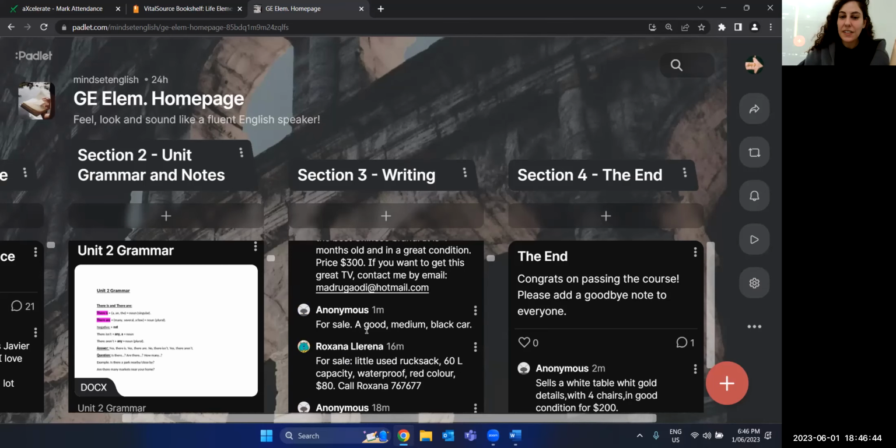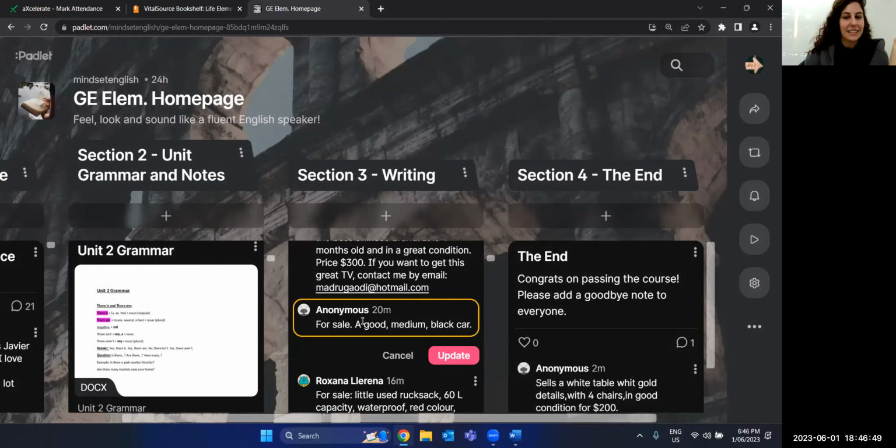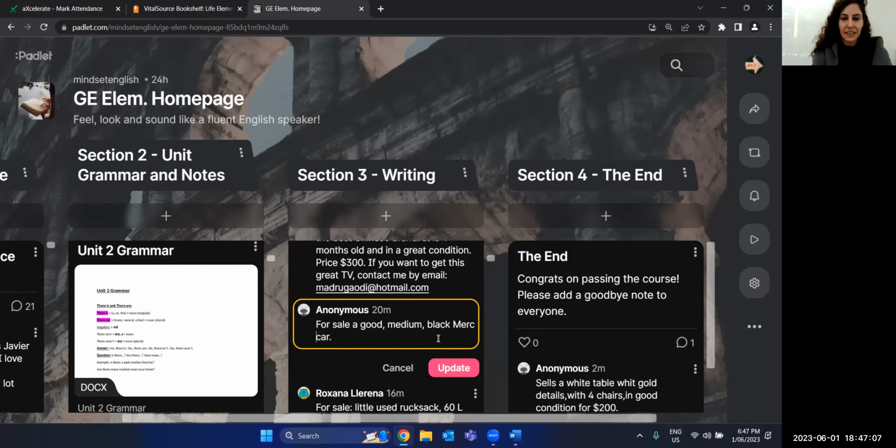So who wrote this one? For sale, a good medium black car. Not much detail. Who wrote that one? Conrado. For sale, a good medium black car. How much? What's the price? For sale, a good medium black Mercedes car.